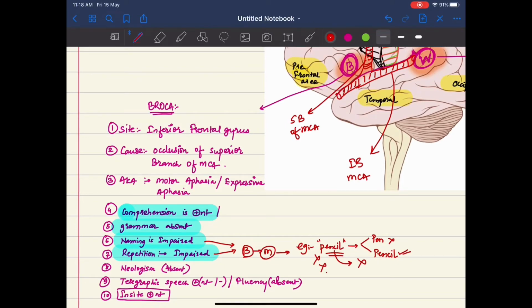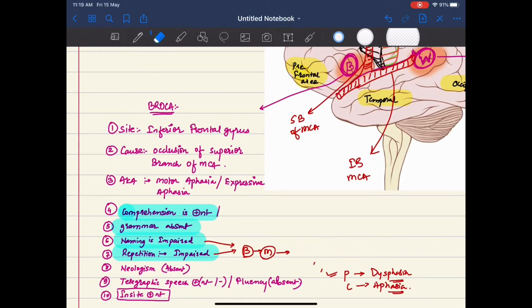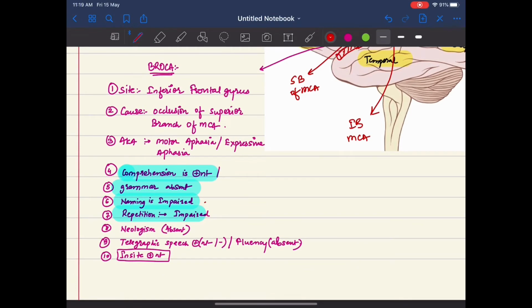He will be able to comprehend. If there is partial loss of speech, it is called dysphasia, and if it is complete loss, it is aphasia. Okay, so please remember these terms. Then neologisms.